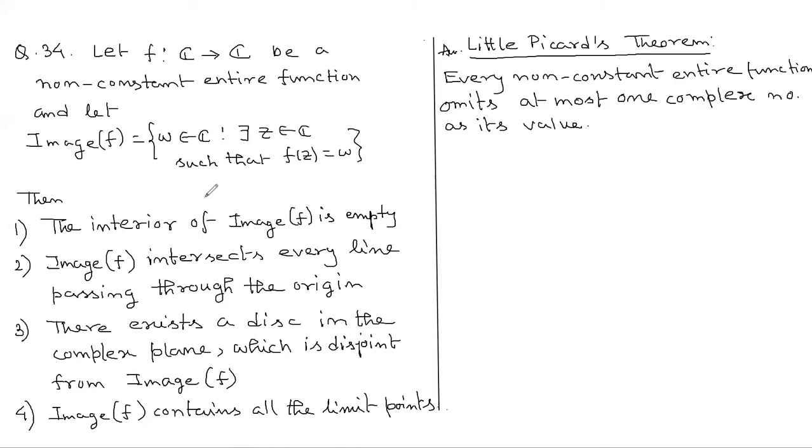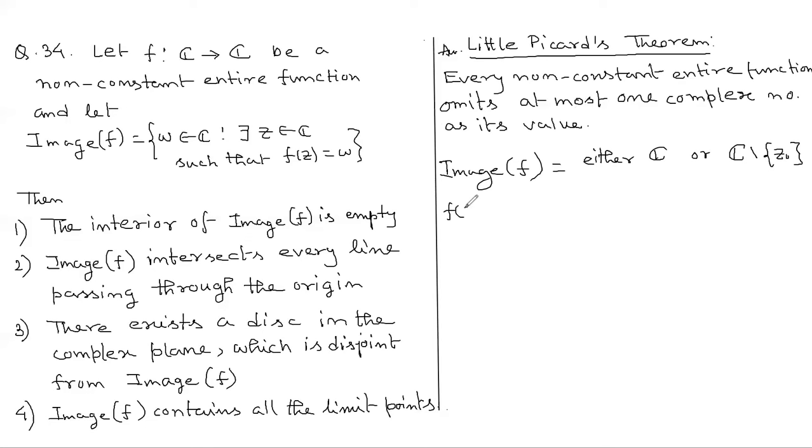Now this is a question based on Little Picard's theorem that says every non-constant entire function omits at most one complex number as its value. So equivalently, we can say the range or the image of every non-constant entire function f is either the whole complex plane C or C minus z0, except a point z0.